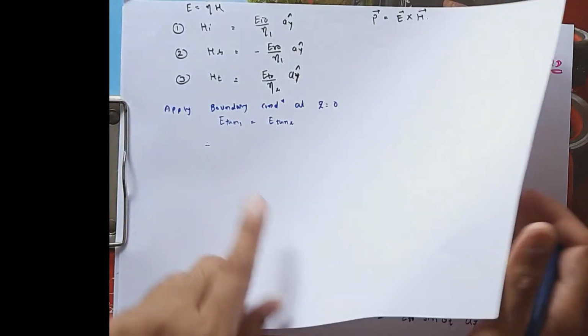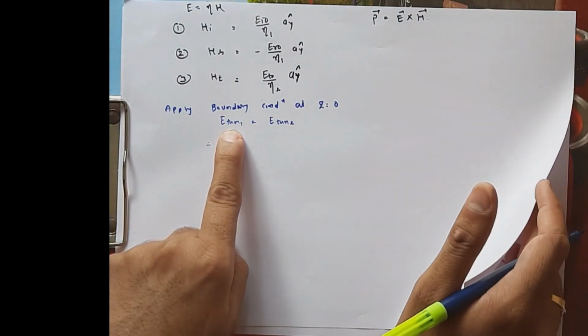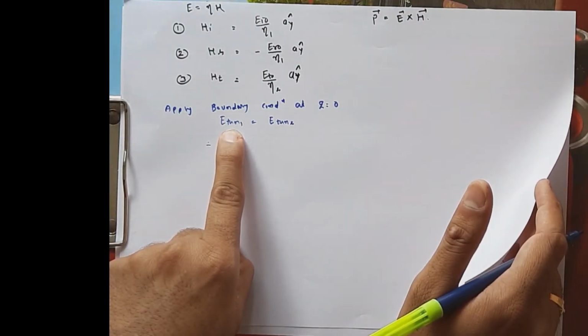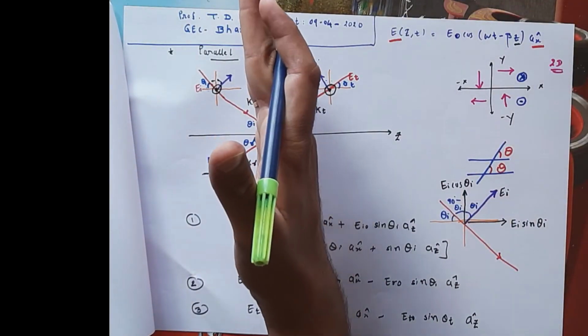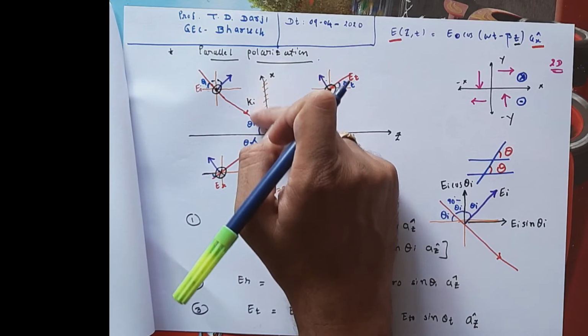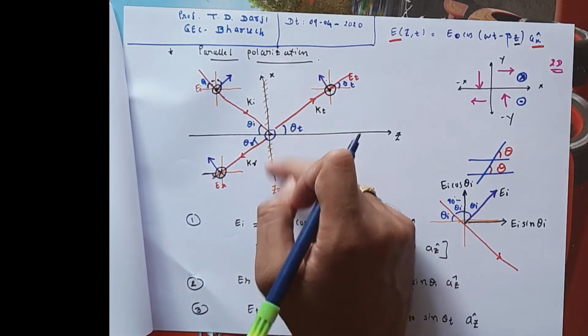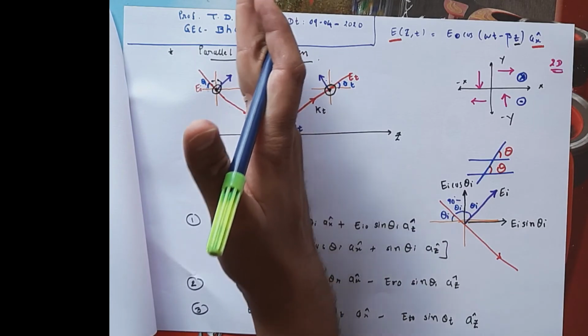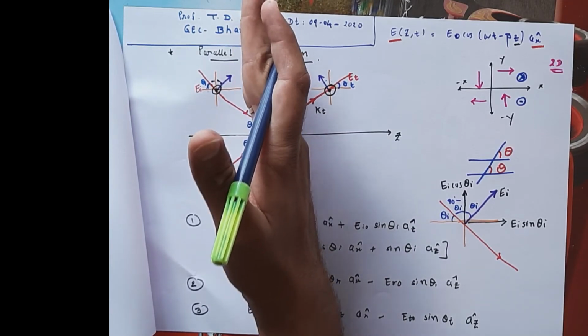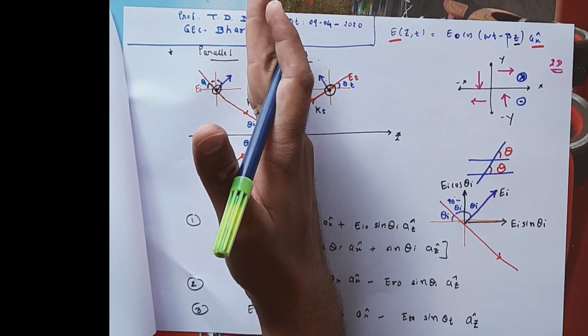We are interested in the tangential component. Tangential means parallel to the boundary. The z equals 0 plane is my boundary. So which component is parallel to my boundary?